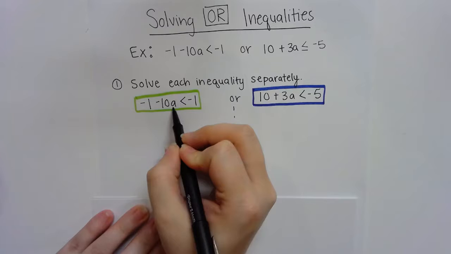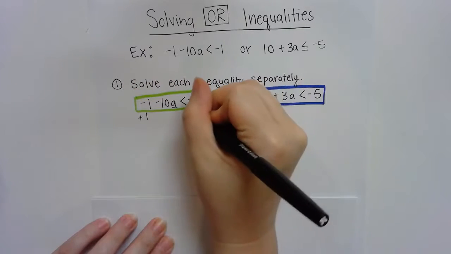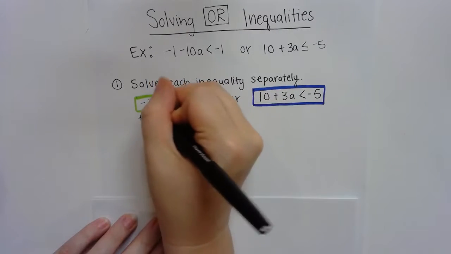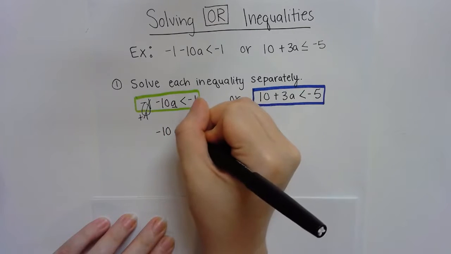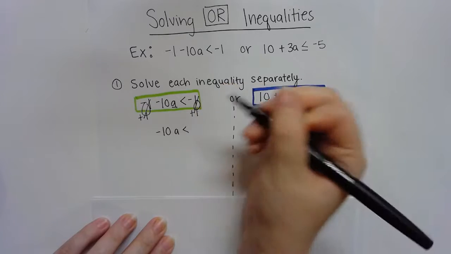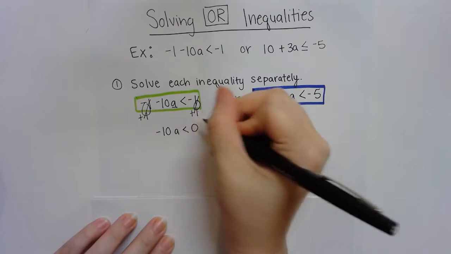So over here, if I'm trying to get a by itself, my first step would be to add 1 and add 1. So negative 1 plus 1 is 0. So I'm left with negative 10a is less than negative 1 plus 1 over here, which is 0 as well. Do not be afraid of 0 over here. 0 over here simply gives me 0 down here.